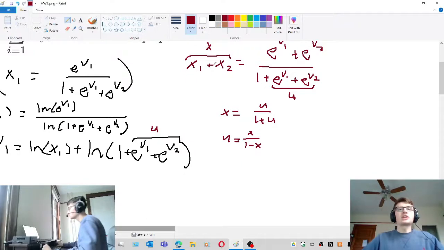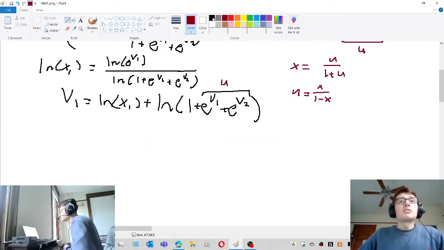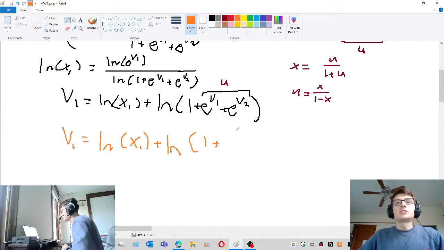So then, of course, x is just x1 plus x2. I just wrote it that way to make it simpler to write. Now if I write out this full formula for v1, using the x's I've defined, I can find that v1 is equivalent to the natural log of x1 plus the natural log of 1 plus u, so that would be x1 plus x2 over 1 minus x1 plus x2.